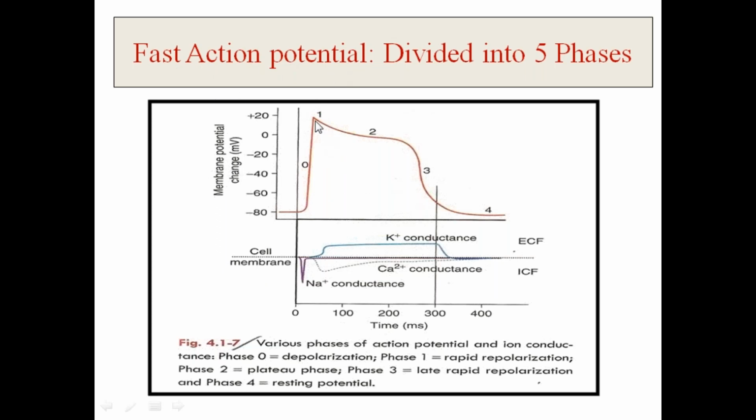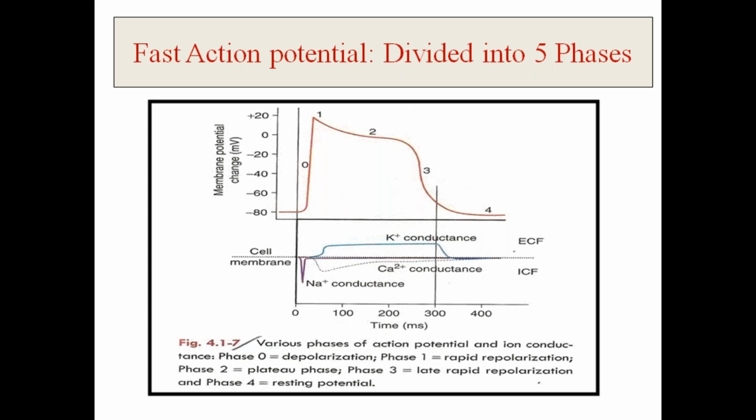Now the repolarization is happening in phases: phase 1, 2, 3, 4. Once the membrane potential reaches plus 20 or plus 30 millivolt from minus 85 or minus 90 millivolt, there is closure of the sodium channel, and with that there is opening of the potassium channel.